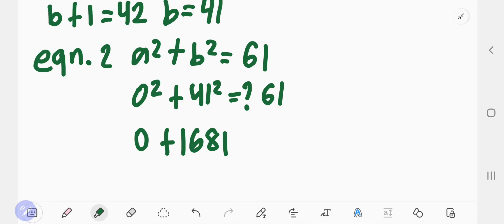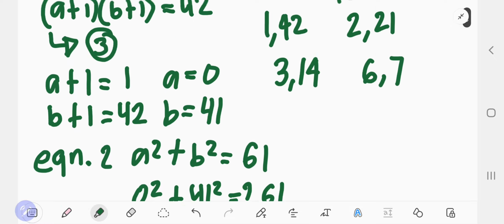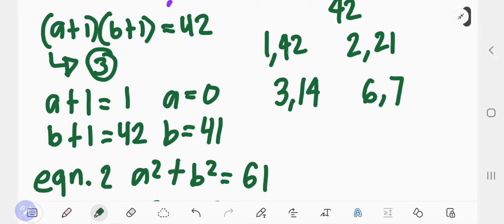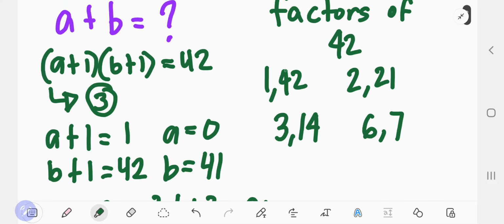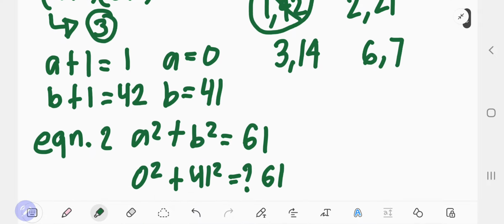Is it equal to 61? It is not. So 1 and 42 as candidates of a plus 1 and b plus 1 respectively are not possible, because it will result in a false statement in equation number 2.